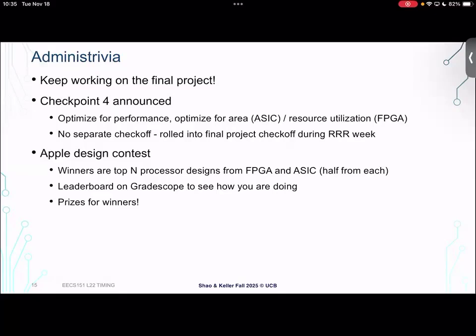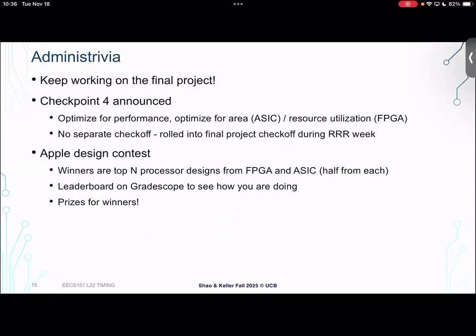And then of course we have this design contest sponsored by Apple, where we're going to take the top N designs based on this metric. And there will be some prizes at the end, as folks probably know. We have set up a leaderboard on Gradescope where you can upload your snapshot of your design files, and it will show you how you're doing in terms of your figure of merit.